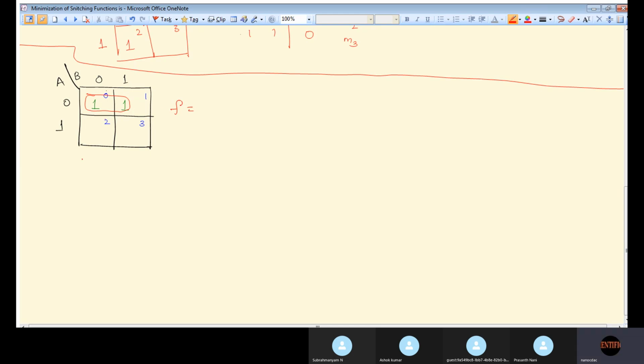F is equal to a bar b plus, see here, this you consider it as a bar, since we are writing in SOP, and this is a. Here you consider this zero as b bar and this 1 is considered as b. Now you see what you will get in SOP form.